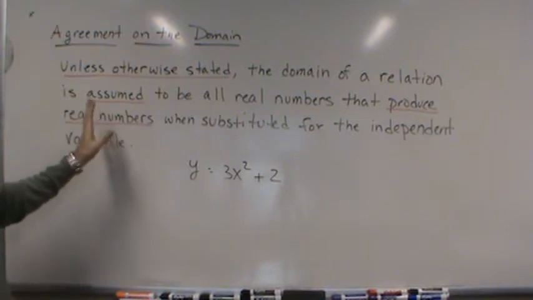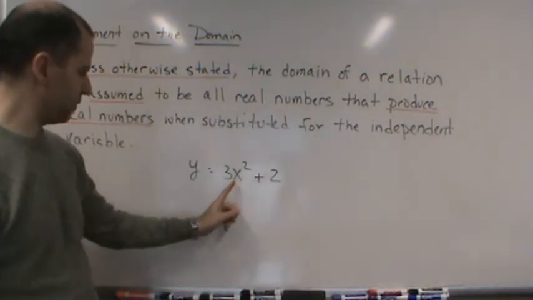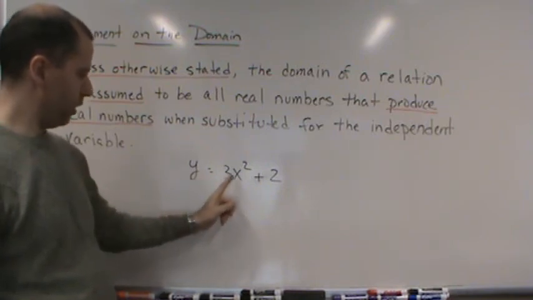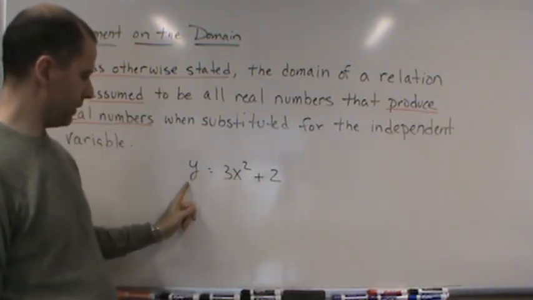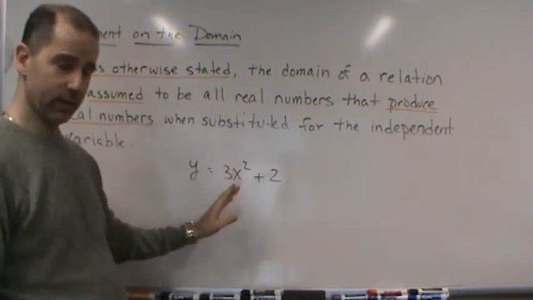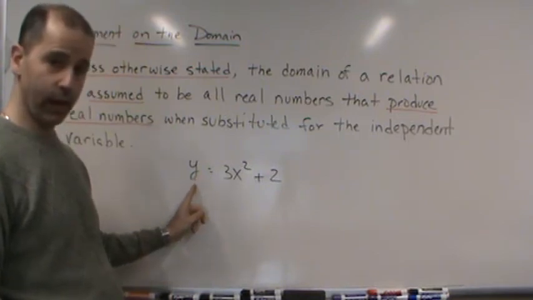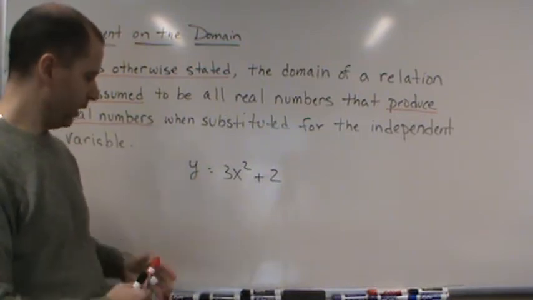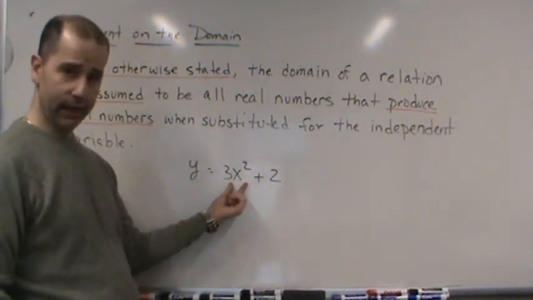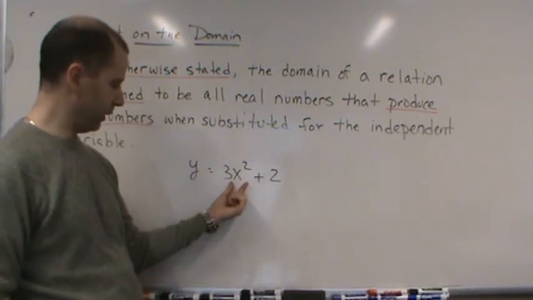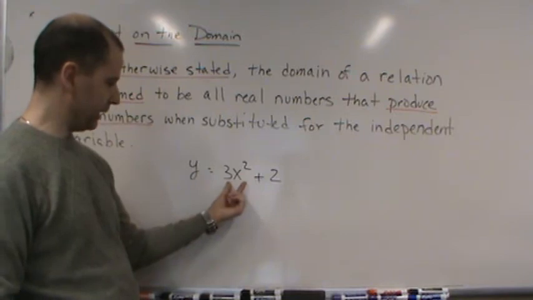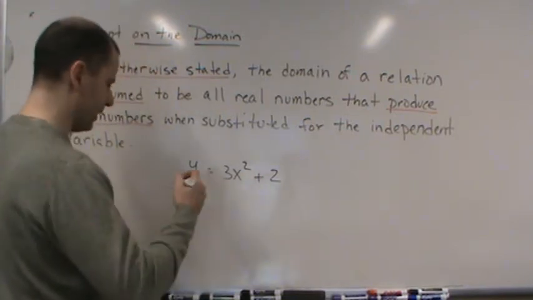The domain is going to be assumed all real numbers that when we substitute in a real number for x, we get a real number for y. So all the values of x that will give us that are part of the domain. Any values that won't give us a real number for y are not in the domain. In this case, there are no real numbers of x that we can plug in here and not get a real value of y. We can plug anything in here. So the domain in this case is all real numbers.